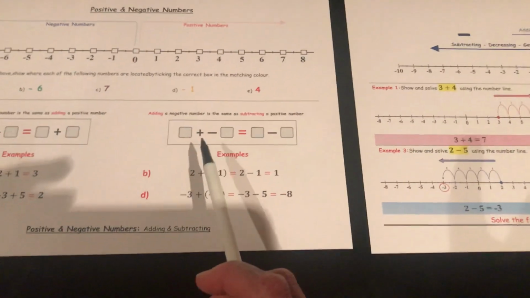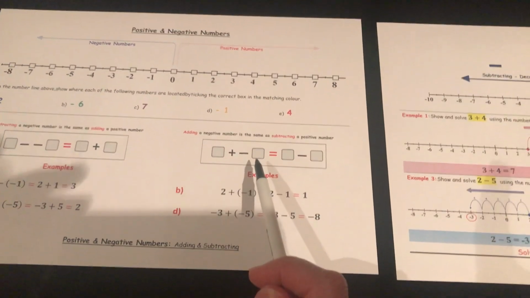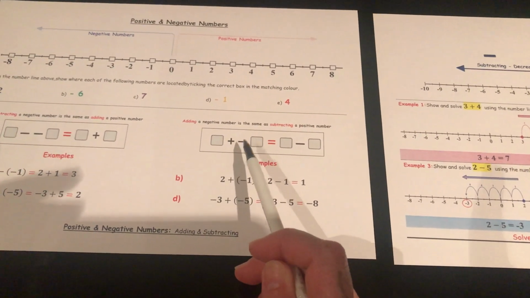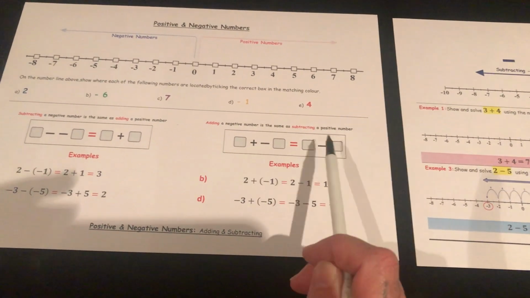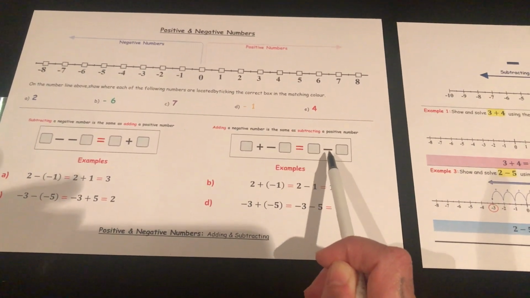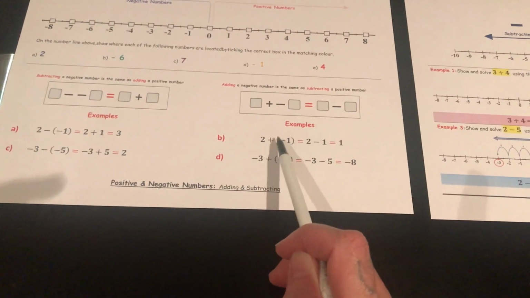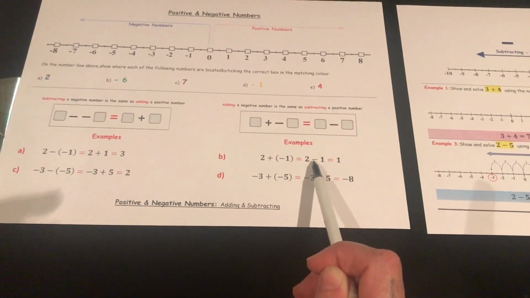Okay, so now if you have a number plus a negative number, that is the same when you have a positive and negative. It doesn't matter what side, if the negative's on that side, positive is on that side, or like this. These two, always negative always wins, okay? So it becomes negative. Okay, and here's some examples. So 2 plus -1 is actually 2 take 1.